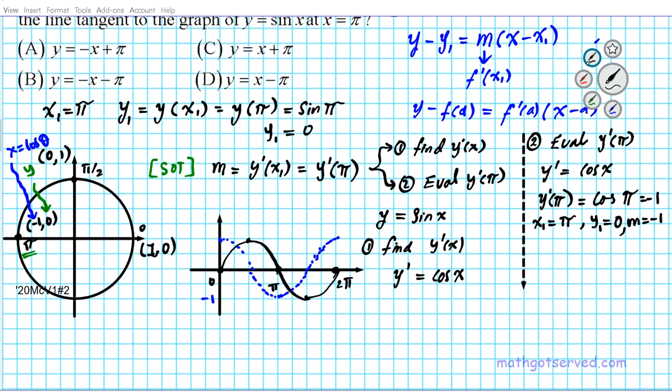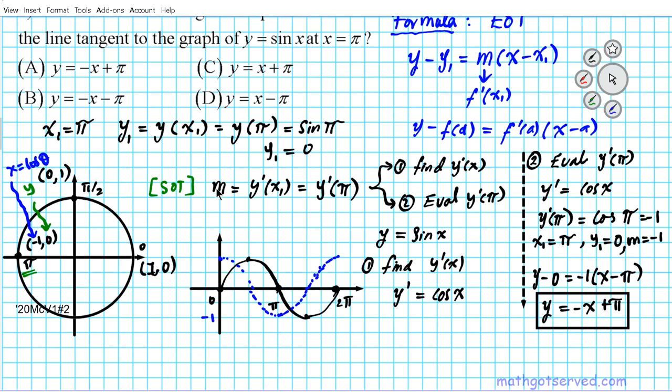So we have y minus y1, y1 is 0, equals m times x minus x1, which is pi. Let's put this in slope-intercept form. We have y equals, distribute the -1, negative x plus pi is your final answer. The answer to question number 2 is option letter A.